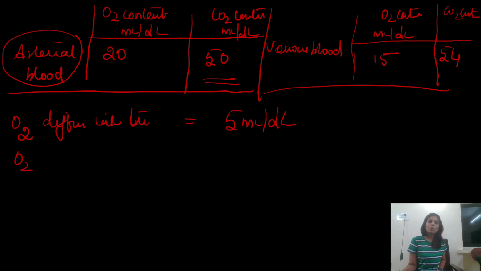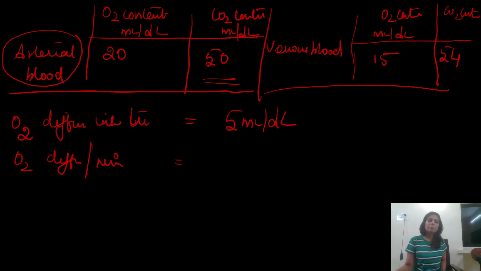So what is the amount of oxygen diffused per minute? Per deciliter it is 5 ml. I'm asking you to find out per minute. For that you will have to know the cardiac output. Cardiac output is 5000 ml per minute.